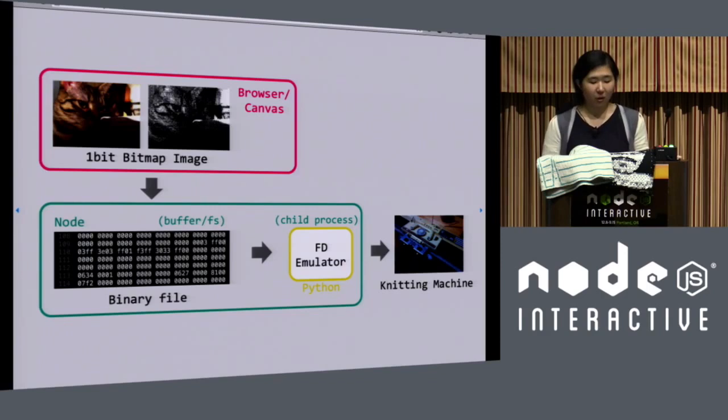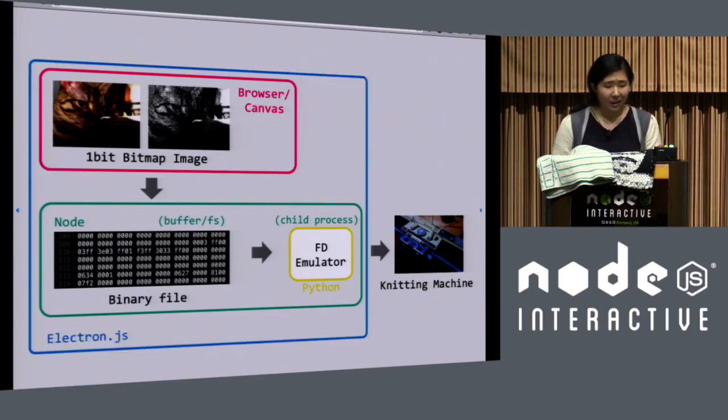So in this workflow, I am creating an image in my browser, downloading the image, putting it into Node on my command line, and then the command line starts the FD emulator and talks to a knitting machine. However, I wanted to make it one-stop, so I wrapped it in Electron.js so that on one platform I have access to Canvas as well as fs, buffer, and child process, which the Node API provides.